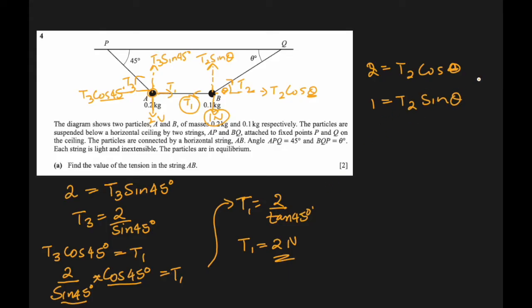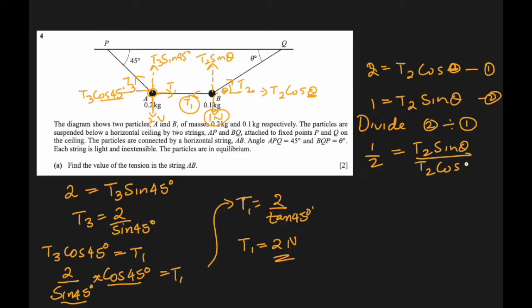Let's call this equation number 1 and this equation number 2. Divide equation number 2 by equation number 1, left by the left and right by the right. So I will write 1 divided by 2 equal to T2 sine theta divided by T2 cos theta.